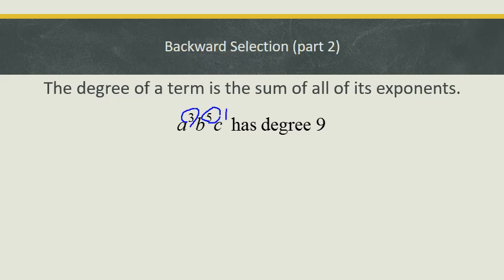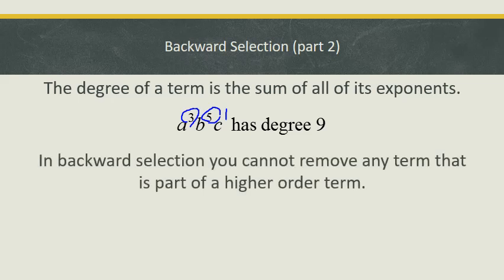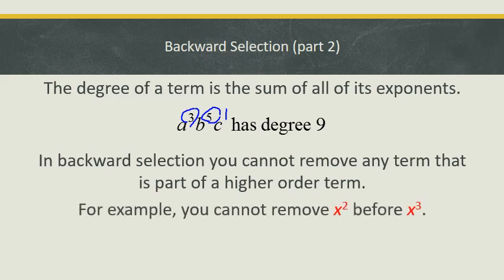Degree is important to backward selection because we cannot remove any term, even if its p-value is not significant, if it is part of a higher degree term that is still in the model. For example, we could not remove x squared before x cubed, because x squared is a part of x cubed.